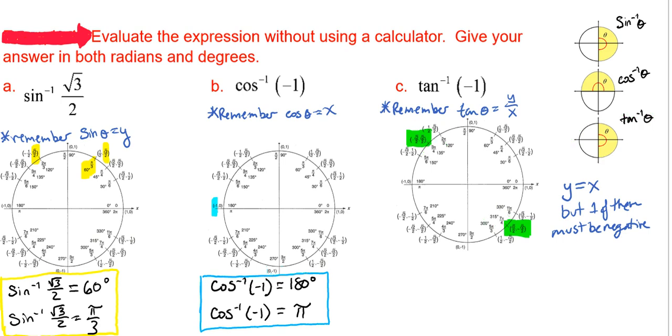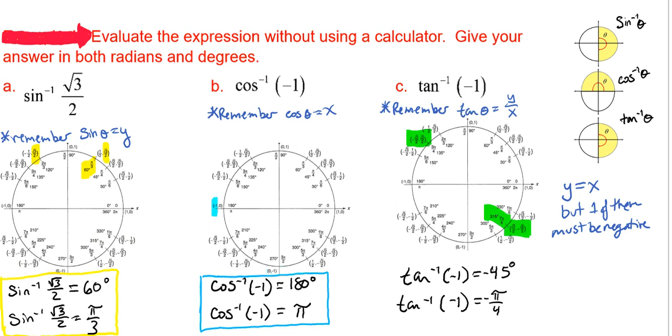So that tells us that our answer is going to need to be in the fourth quadrant. So we can then say that the inverse tangent of -1 equals -45 degrees, and the inverse tangent of -1 equals -pi over 4.